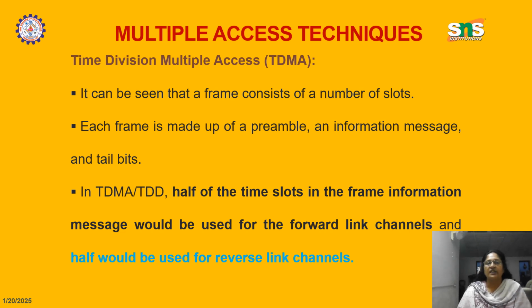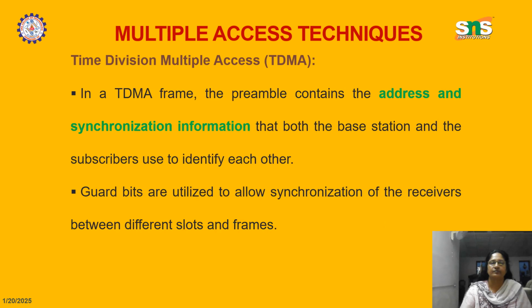In time division multiple access, it can be seen that the frame consists of a number of slots. Each frame is made up of a preamble, an information message, and a tail bit. In TDMA TDD, half of the time slots in the frame information message would be used for forward link channels and half would be used for reverse link channels. In a TDMA frame, the preamble contains the address and synchronization information that both the base station and the subscriber use to identify each other.